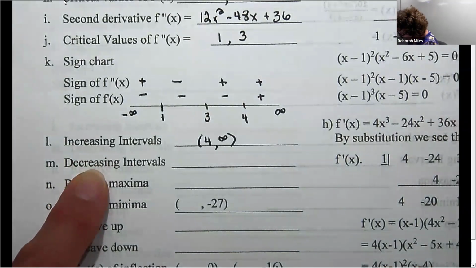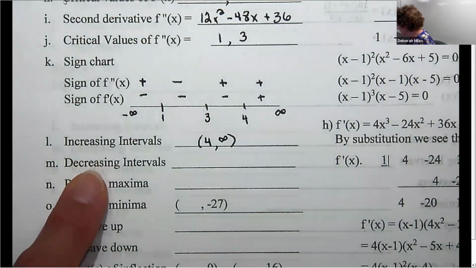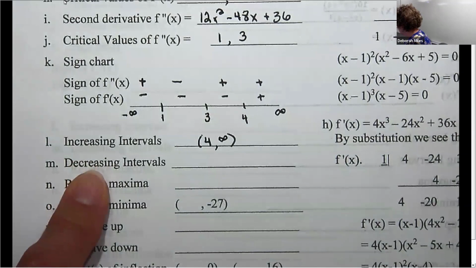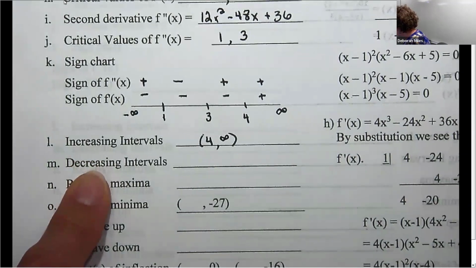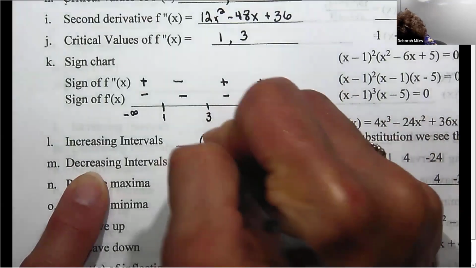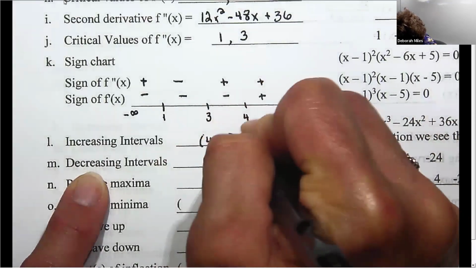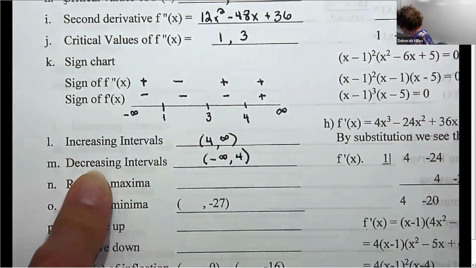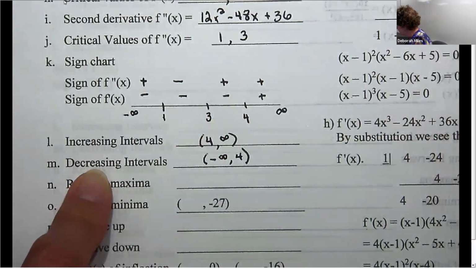Can you just state it like that, negative infinity to 4, or do you need to label each interval separately? Don't erase, just answer the question. There's no discontinuity at 1, 3, and 4, so I can write that interval as just one interval from negative infinity up to 4. So if there were discontinuities, I'd need to skip over them.